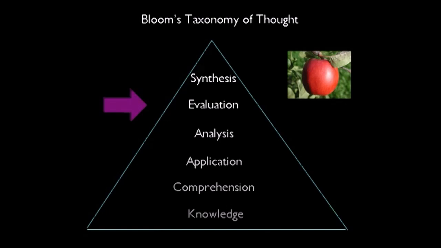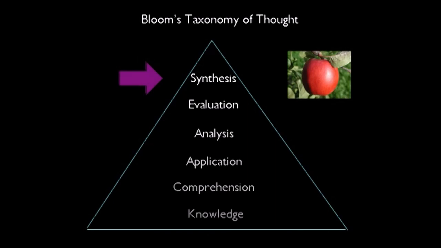Do you feel that serving apple pie as a snack is healthy for children? Here we are judging information and evaluating or measuring it. The sixth level, and the most difficult and abstract level, is synthesis. For example, convert an unhealthy apple pie recipe to a healthy one.